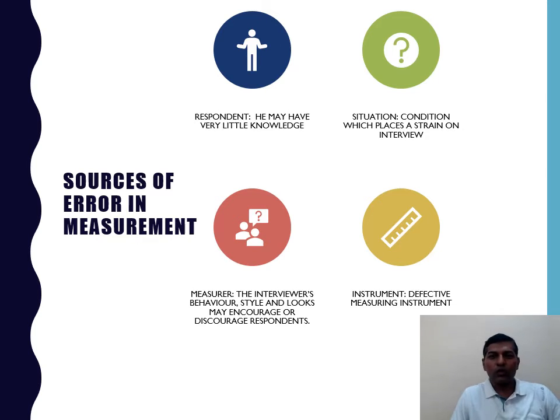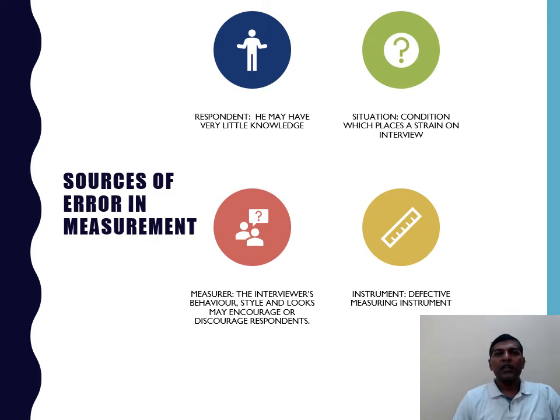When he goes to a student and asks rudely, the respondent may be discouraged and will not tell you the correct answers, which may lead to error generation or incorrect information accounting. So this has to be taken into account and corrected as and when required.